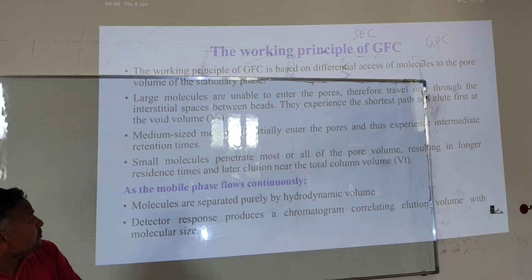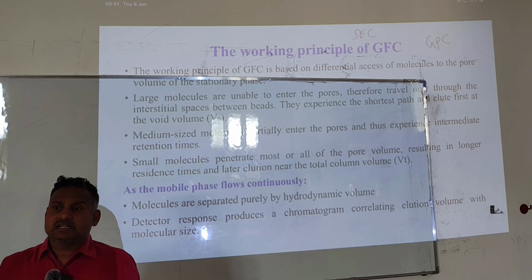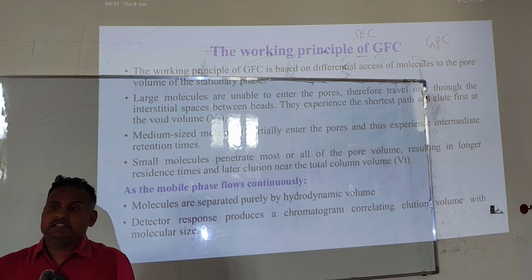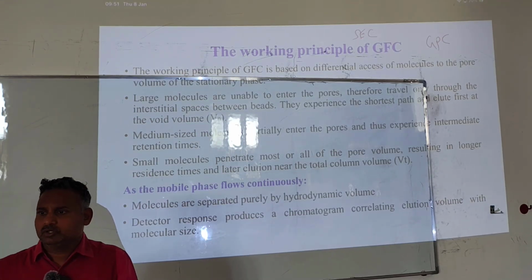Small molecules penetrate most of the pore volume, resulting in longer residence times and later elution near the total column volume VT. That means that is the one spending a lot of time, so that will be the last one.